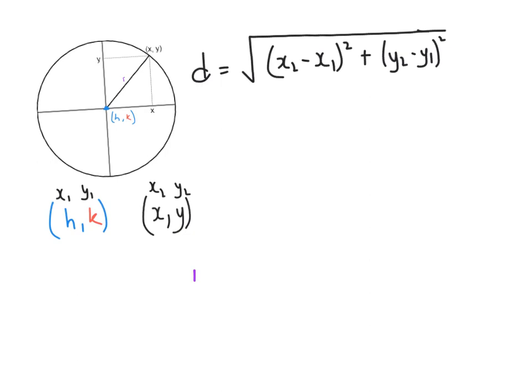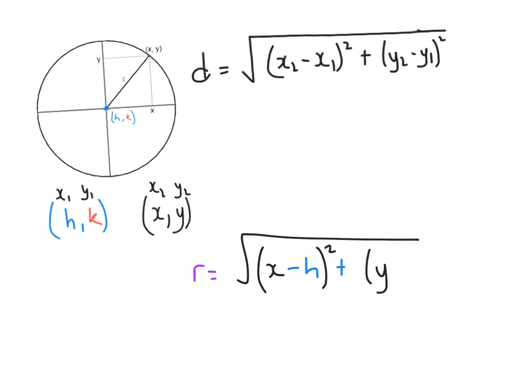So we can say r is equal to the square root of x2, which is x in this case, minus h, all to be squared, plus y2, which in this case is y, minus y1, which is k, and that's again all to be squared.